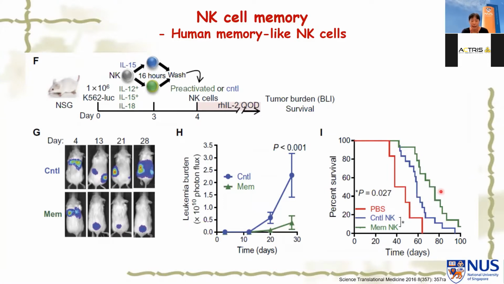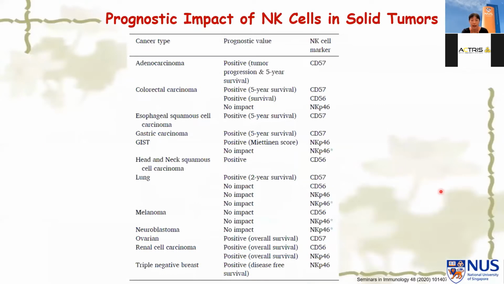So this is an area where NK cells can be manipulated to enhance their anti-tumor functions. So what is the consensus about NK cells in solid tumors?